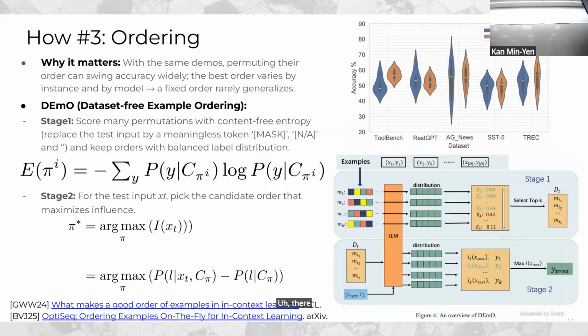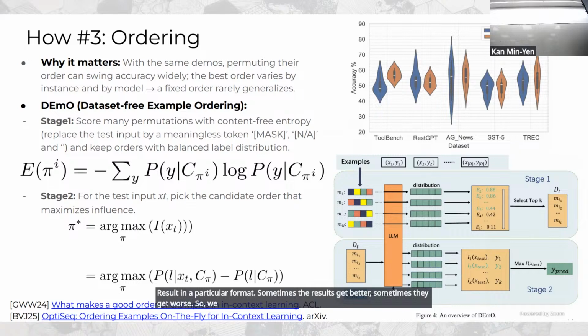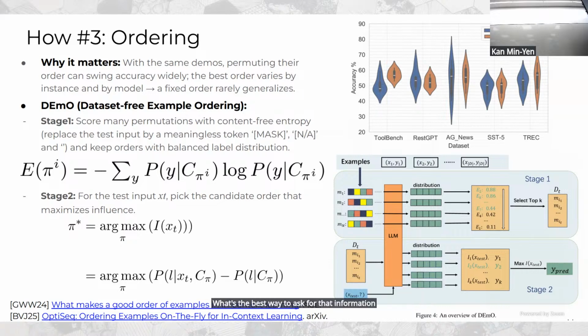There's another paper that he wrote that's about format, which I think Zihang also showed in HAL number 2 or number 1, that formatting also makes a difference, right? If you ask for a result in a particular format, sometimes the results get better, sometimes they get worse. And so we need to, again, try to calibrate that and to know for a particular question, what's the best way to ask for that information, right?